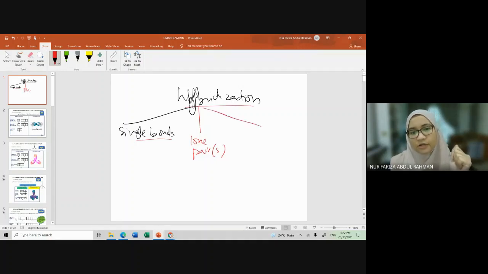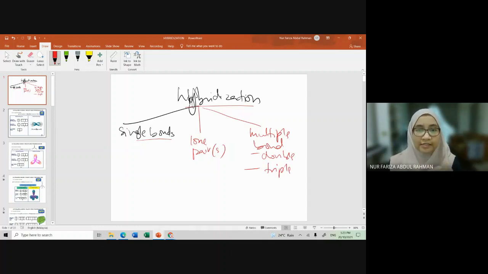And then last but not least, when the molecule has multiple bonds, so it's either double bond or triple bond. Okay, so saya classify them into these categories. We're going to start with single bond first, and then kita move on to lone pairs and multiple bonds.